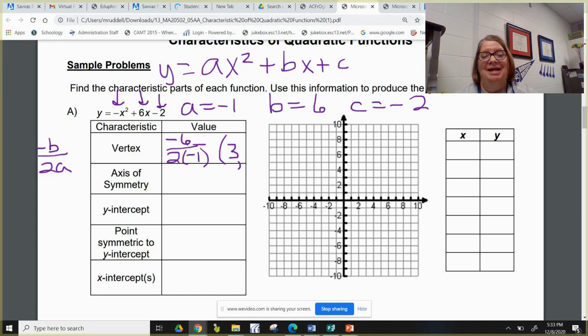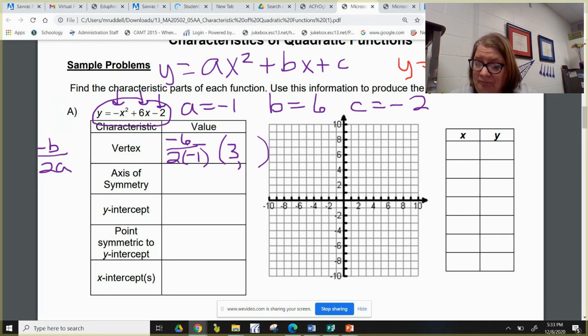How did we do that? We did -b over 2a. Look back at your chart that's on the first page. Now, how do we find the other part of our vertex? We're going to take that 3 and plug it into this equation. I'm going to do y equals -3 squared plus 6 times 3 minus 2.